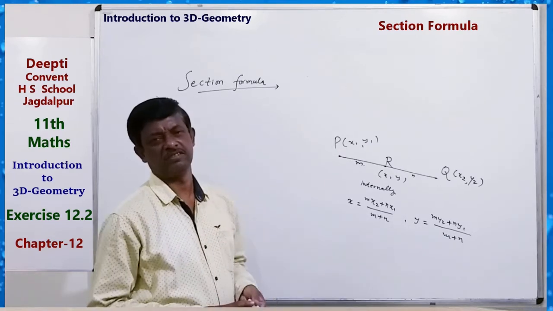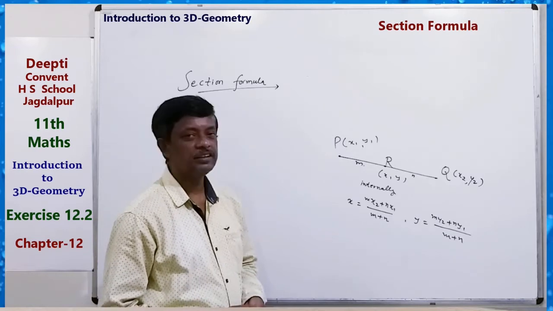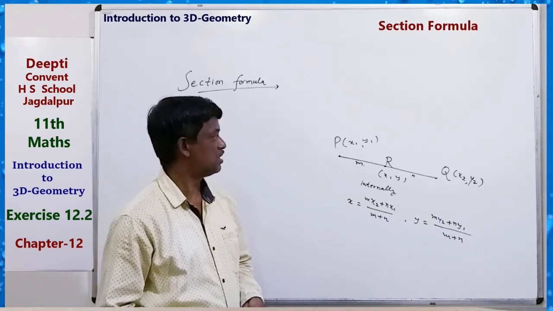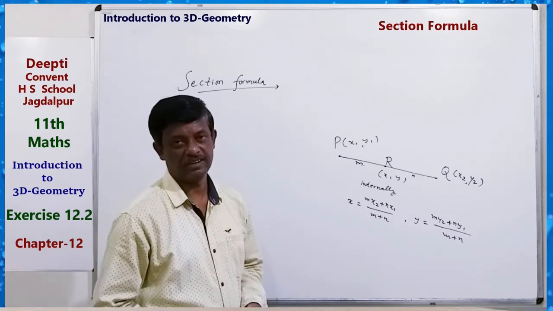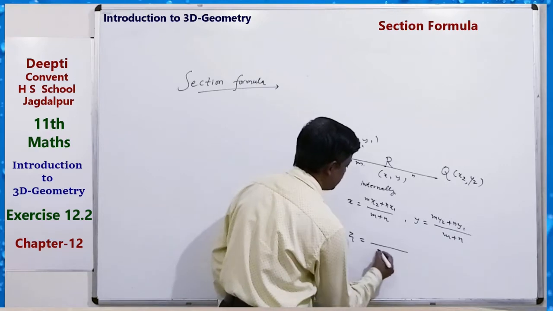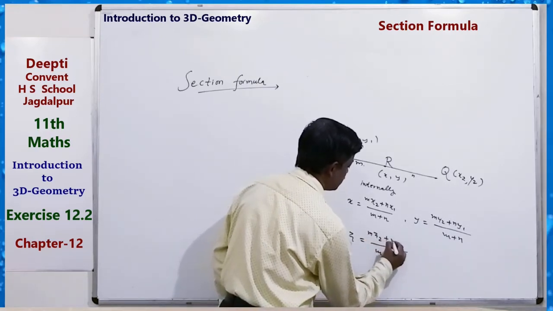A similar formula we can use for 3D space, with points having a triplet as coordinates. Similarly z equals m z2 plus n z1 over m plus n.